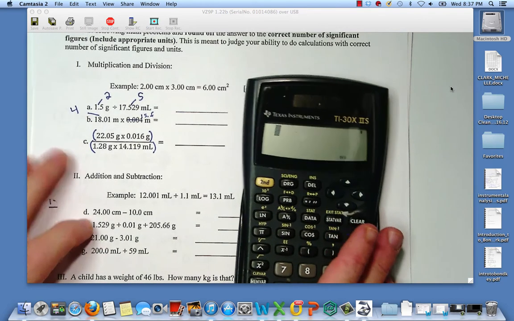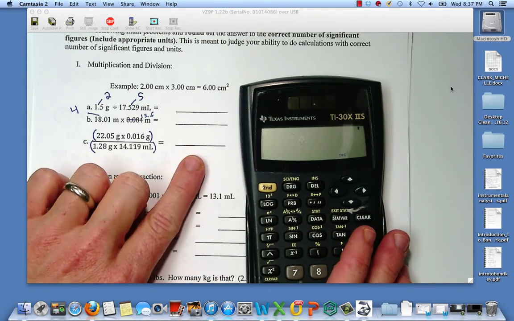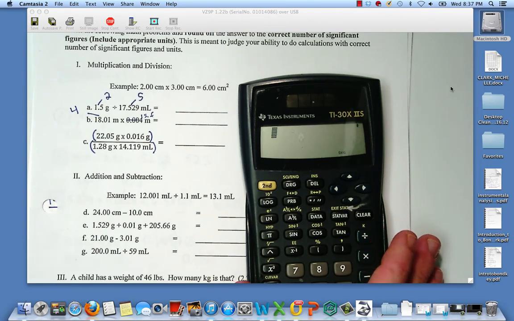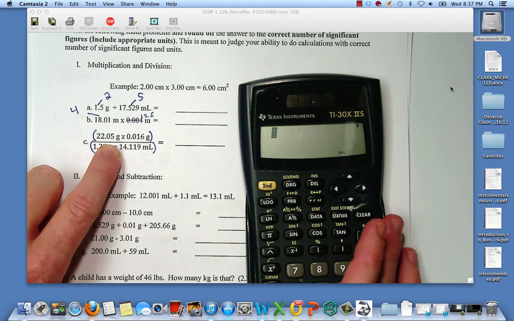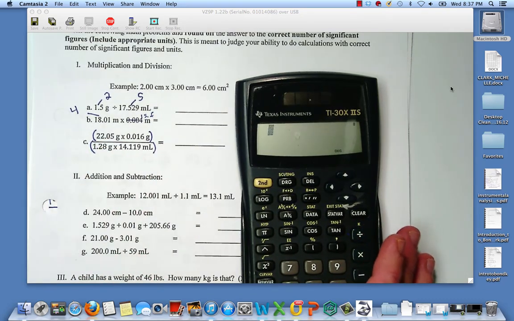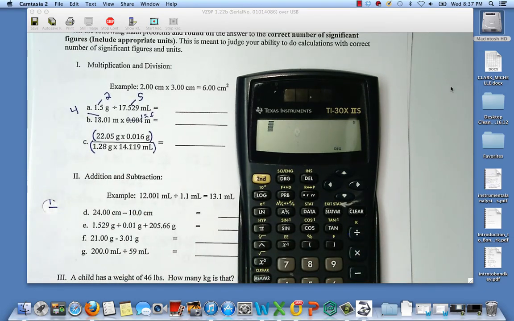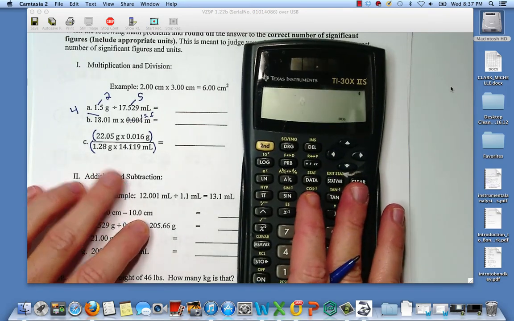I think it's almost easier to break this one up stepwise. This is probably a more complicated example than you would ever see in lab or in lecture, but it's good to practice applying these. You can do this two ways. You can do this all in one step, or you can do it in steps.